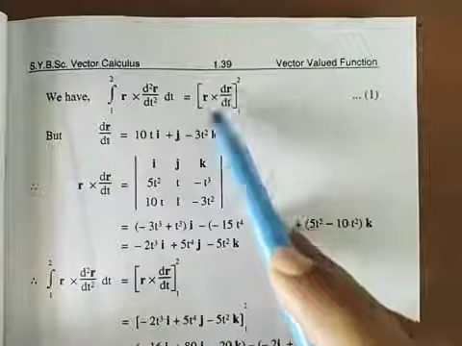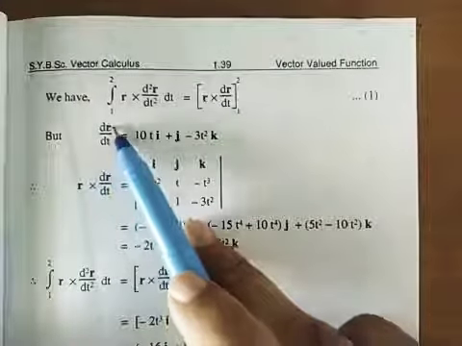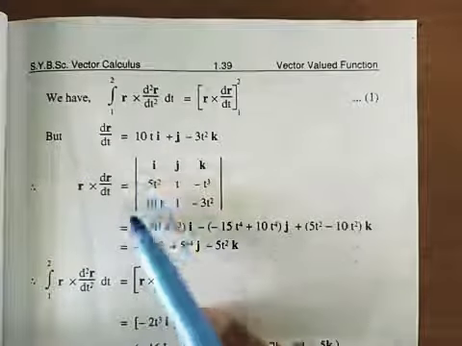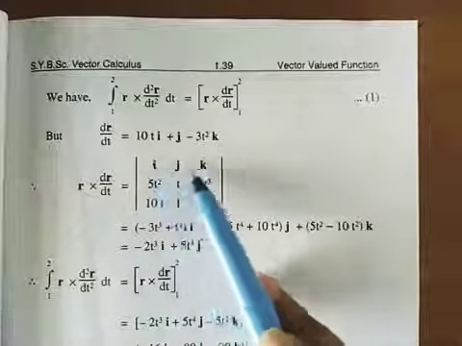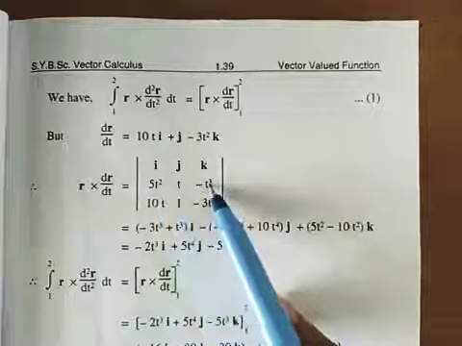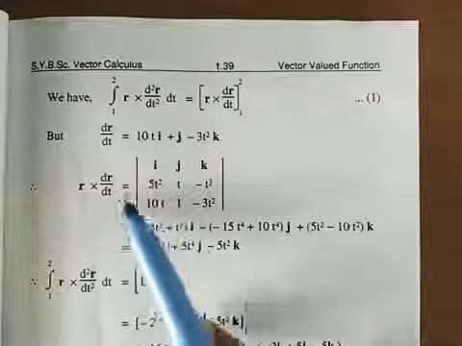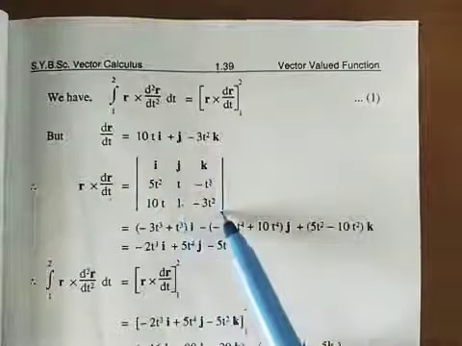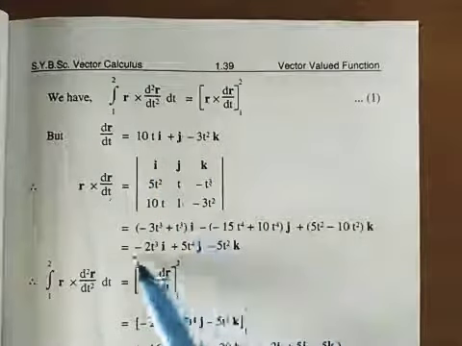For that we require dr/dt. From r we calculated dr/dt. r × dr/dt is, by the definition of the cross product, the determinant with rows i j k, coefficients of r: 5t², t, −t³, and coefficients of dr/dt: 10t, 1, −3t². We find its determinant.